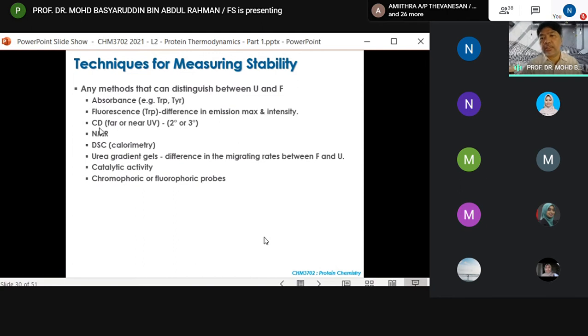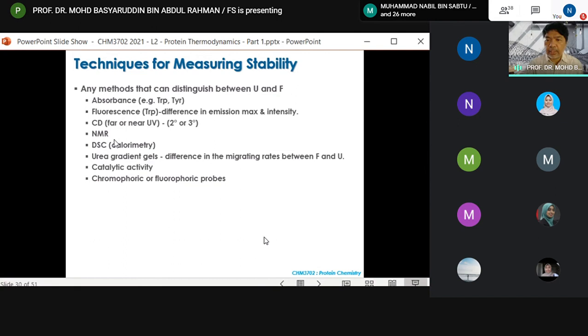CD, circular dichroism, is where we can study the alpha helix, beta sheet, and also the loop, so that we can suggest the secondary and tertiary structure. Of course, NMR, as I mentioned just now, and DSC, differential scanning calorimetry.